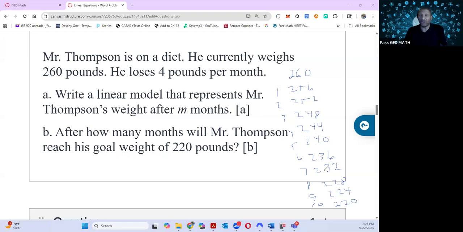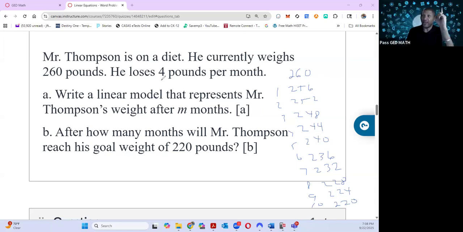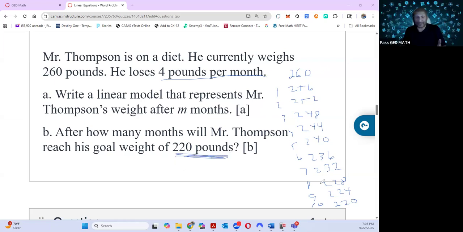Did I do any algebra? No. I used common sense. I started at 260. If I'm losing 4 pounds a month, I take away 4, 256. I keep taking away 4 till I get down to 220. Then I count how many months.